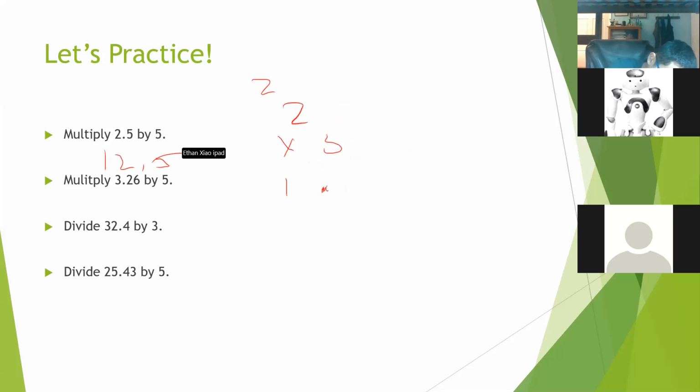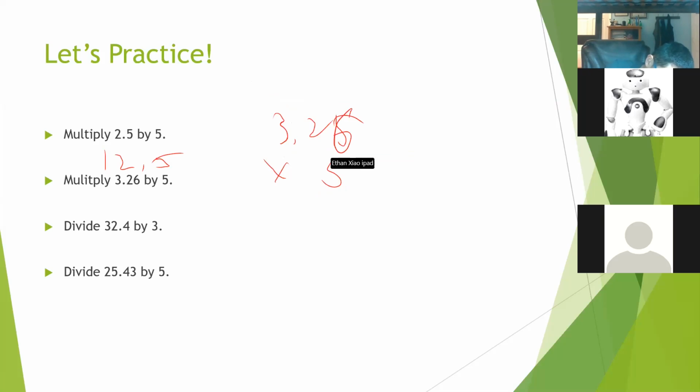Now I am going to go over the second one. So 3.26 by 5. This one's slightly harder than the first one, but it's basically just the same thing. 3.26 times 5. Remove the decimal point, but remember where it is. 5 times 6 is 30, so we write 0 here, and we carry over the 3. 2 times 5 is 10 plus 3, which is 13. So we have to write the 3 here, and we carry over 1. 3 times 5 is 15 plus 1 is 16.